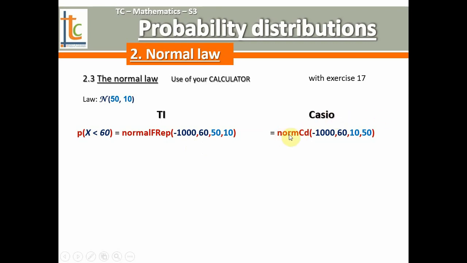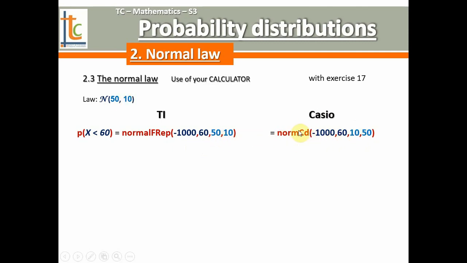On Casio, this will be approximately the same thing, but Casio asks first the standard deviation and then the mean. So you have to reverse the writing of mu and sigma in Casio.